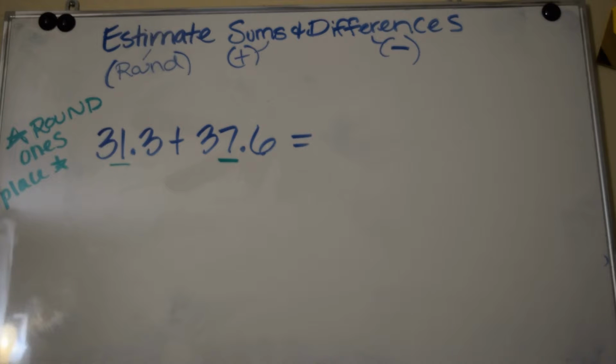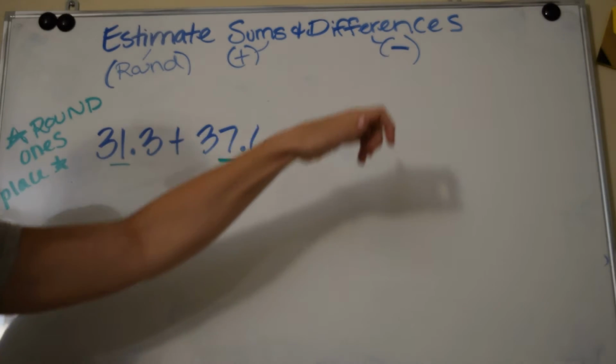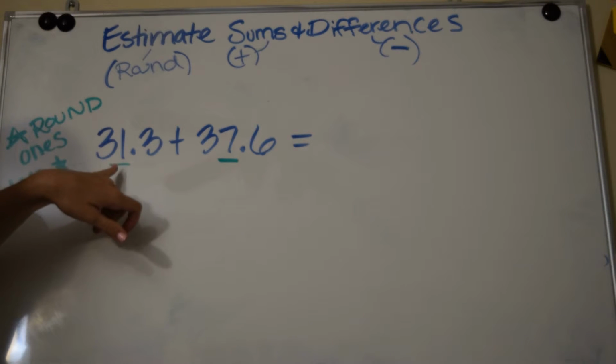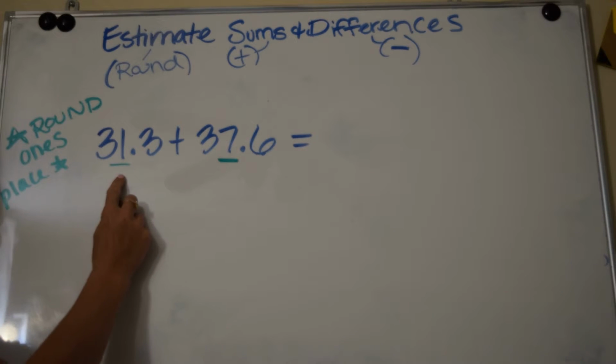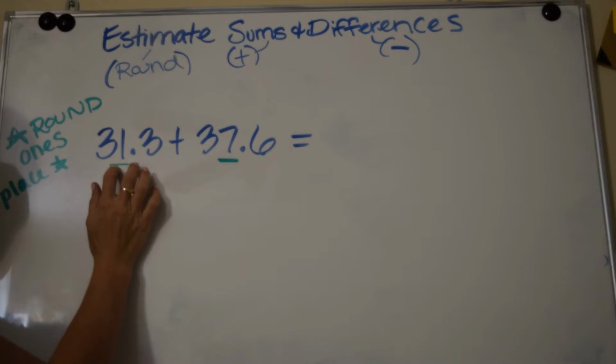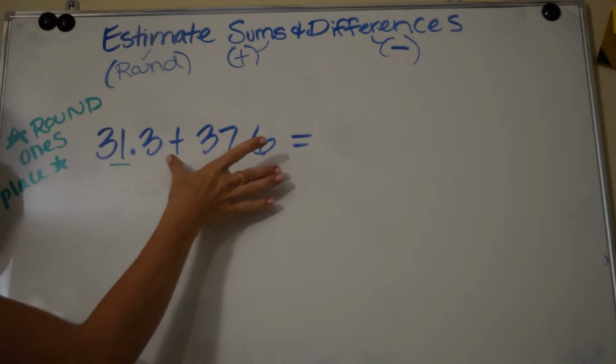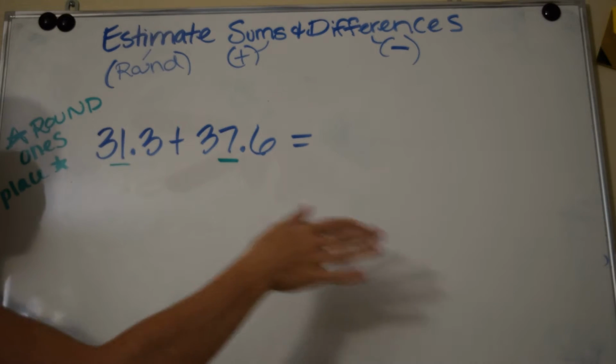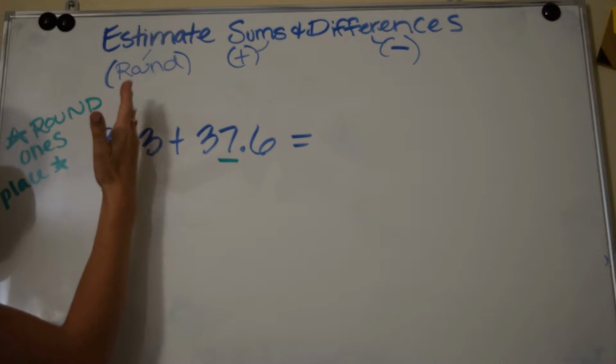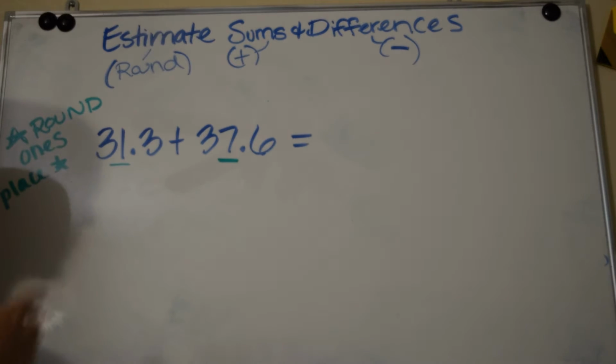Whenever you are rounding to make a whole number, because then we're going to add or subtract them, you have to round whatever's in the ones place. When you look to the right, that number tells us how to round it, and then everything to the right goes away. So we want to get rid of everything from the decimal on, if that makes sense, okay?